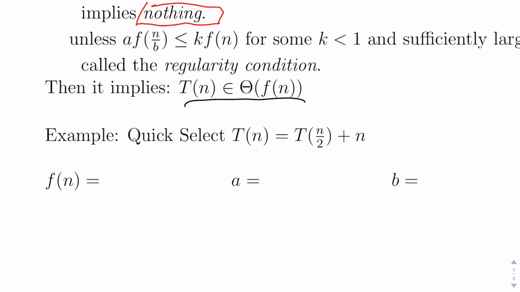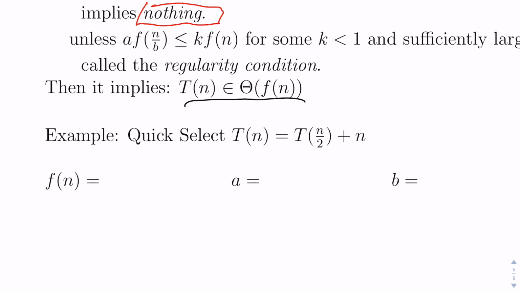Any questions about case 3 and the regularity condition? But you have to do all 3 of the checks if you're not told which case it is. Yes, that's a good question. If you're not told what case your recurrence is, then you have to determine which case it is yourself. And that's going to involve essentially checking all 3 cases.